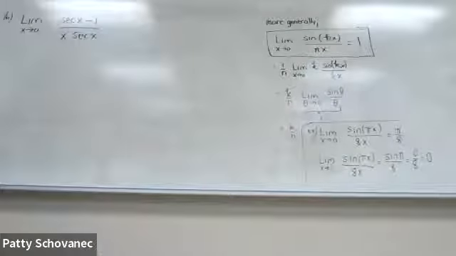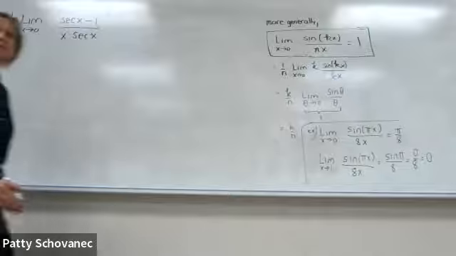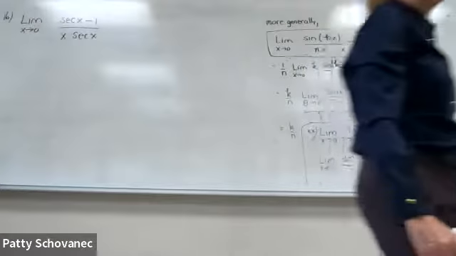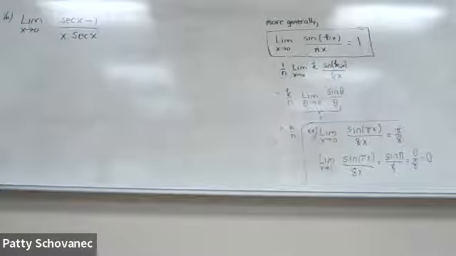I just erased it. Who remembers what the secant of 0 is? Whatever the cosine of 0 is. 1. Secant of 0 is 1.